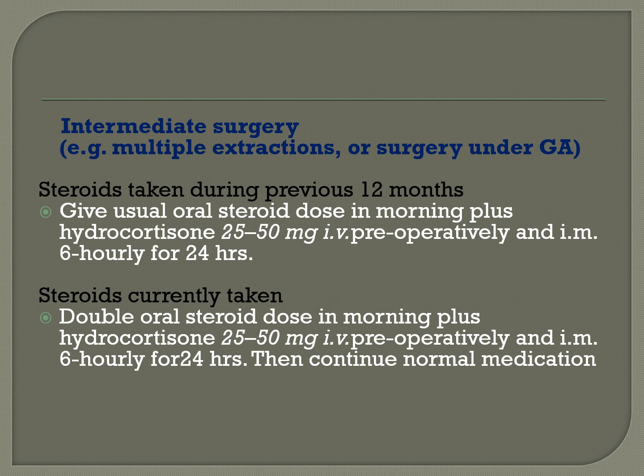That means the previous case will give it, but in this case we'll add hydrocortisone 20 to 50 milligram IV prior to the procedure, or IM 6 hourly for 24 hours. So we'll add prednisone 10 milligram plus hydrocortisone 20 to 50 milligram, given preoperatively.